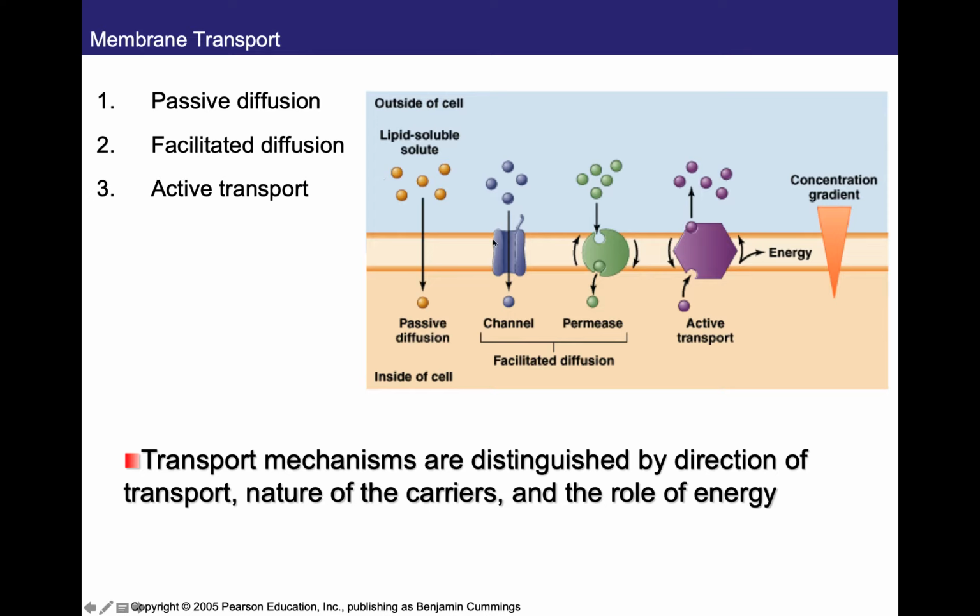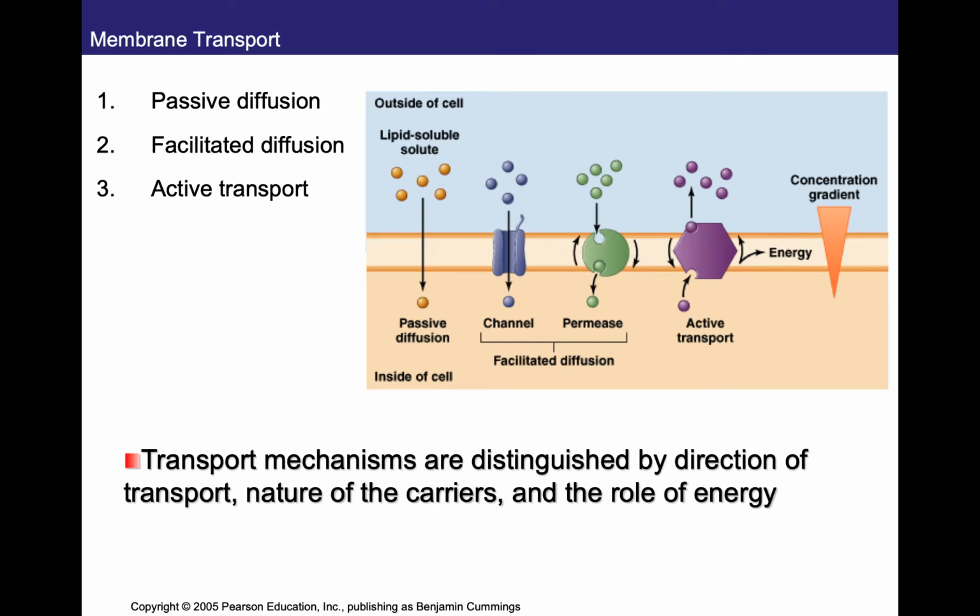Facilitated diffusion includes ion channels. We're going to get to that in just a second. And permeases, okay? Both of those, with facilitated diffusion, a protein is required. These molecules can't cross the plasma membrane very easily.